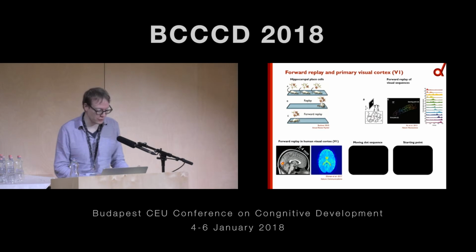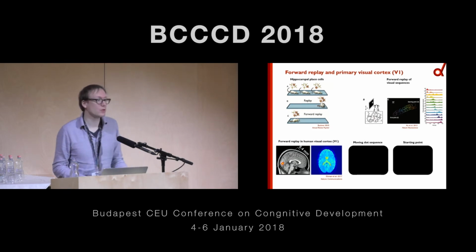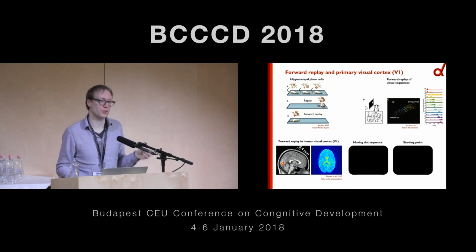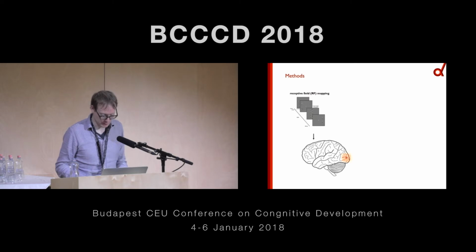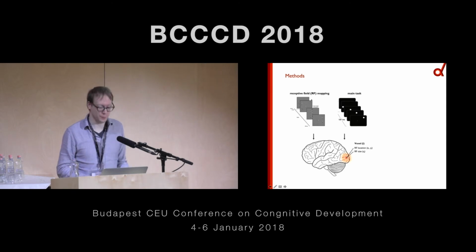And we're doing this in the visual cortex because we know the visual cortex has a very nice map of visual space, a retinotopic coordinate frame, so we can measure at high precision what is represented where. So let me explain that in a little bit more detail. What we use here is a technique called population receptive field mapping.